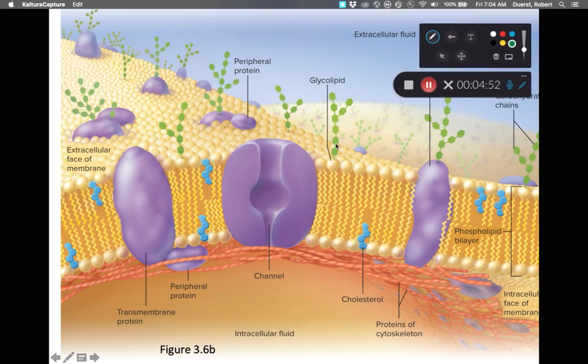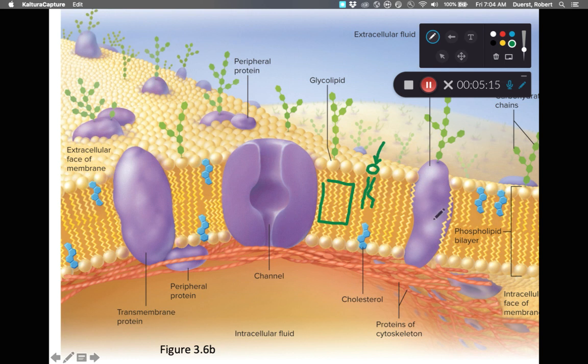Here's a figure showing the phospholipids. We typically characterize a phospholipid as a circle with two zigzaggy fatty acid tails coming down from it. The circle represents the phosphate head, and the fatty acid tails are represented by those two zigzaggy lines. Notice how fatty acid tails tend to be exposed to other fatty acid tails.